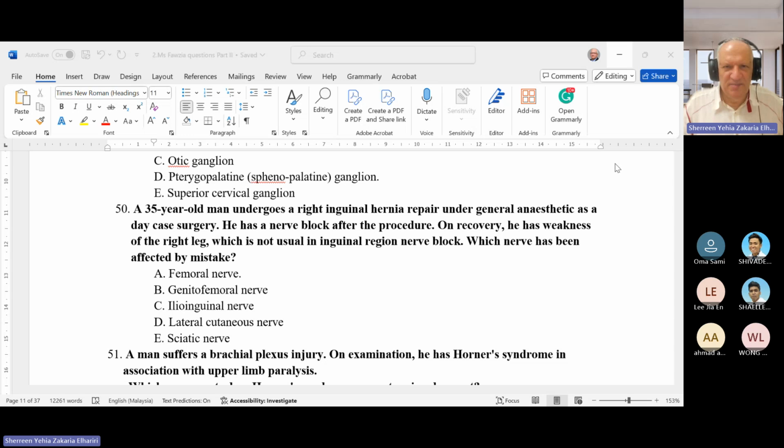This is why we repeated many times in the question, which nerve is affected by mistake, because the ilioinguinal and genital branch of the genitofemoral are commonly anesthetized. But whatever happened, even if you cut them, it does not paralyze the leg. But here it is femoral, so I think it is by mistake or something. Of course, usually in anatomy questions, he needs just to know the anatomy. He needs to make it applied anatomy. Of course, this does not happen in real life.